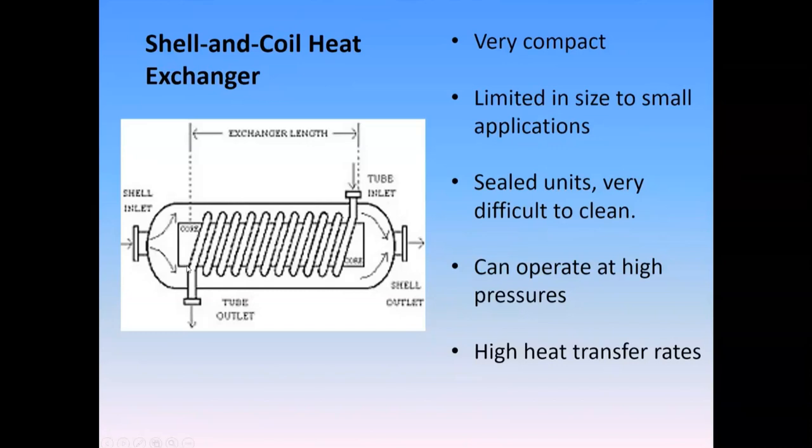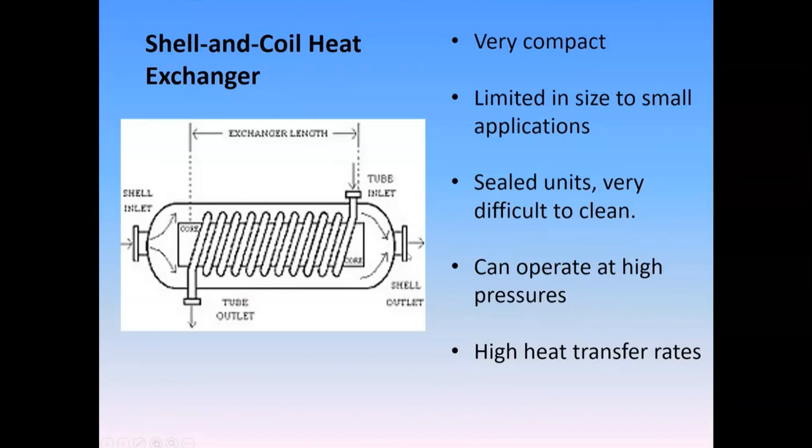But the thing with these ones is that they're not really serviceable. So if this thing gets plugged up, we can't open it up to clean it out. We don't have the ability to replace tubes. We don't have the ability to clean this system out.